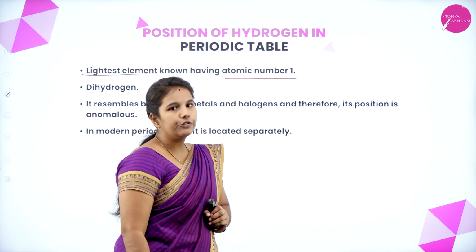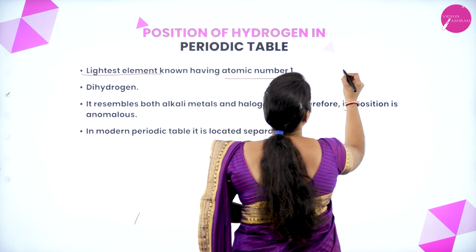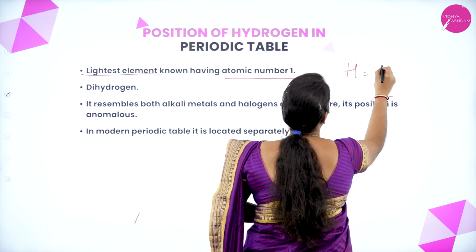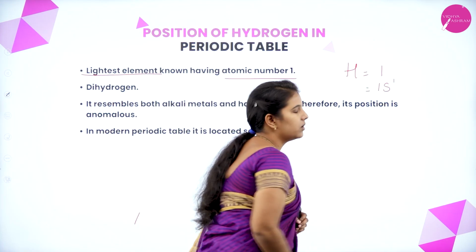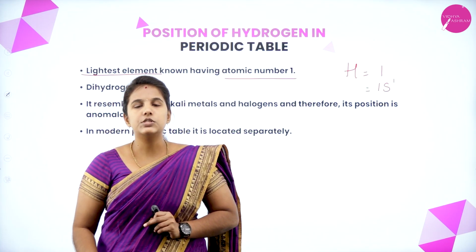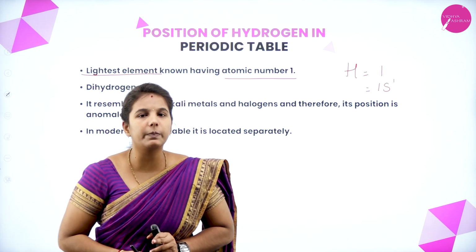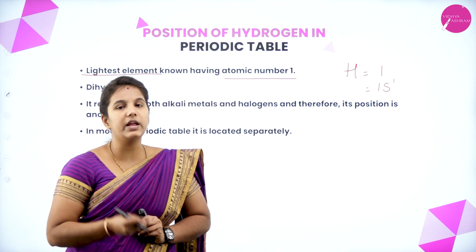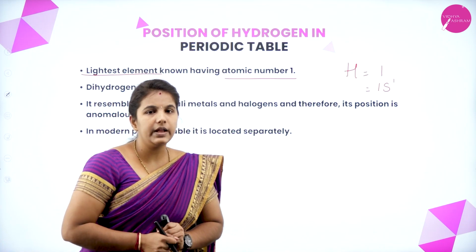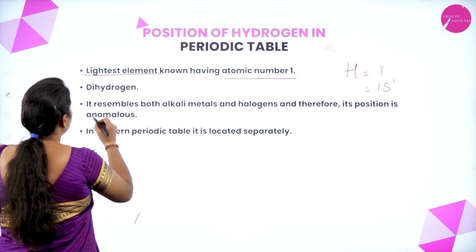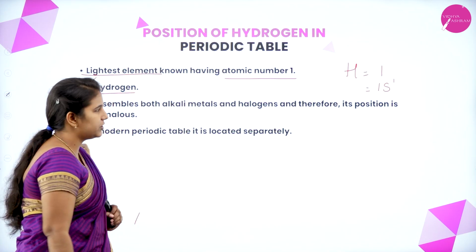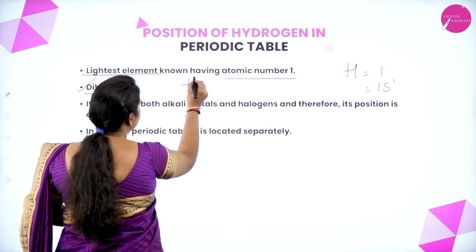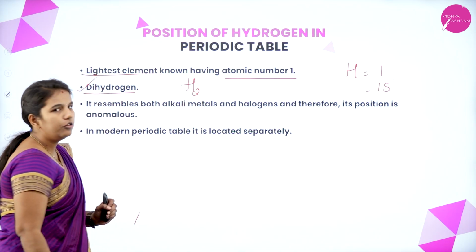So we always write the hydrogen atomic number as 1 and its electronic configuration is 1s1. It is the first element in our periodic table, having only 1 atomic number. And it is also expressed in the form of dihydrogen, so we always write it in the H2 form.